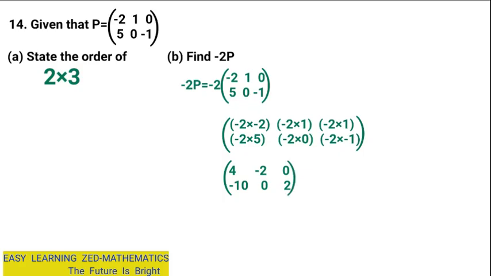So that is the value of -2P. Okay, there was supposed to be 0 there in the bracket, I've changed it. It was 1, now it is -2 by 0. And there I left state the order of matrix P. So that is how you solve these questions.